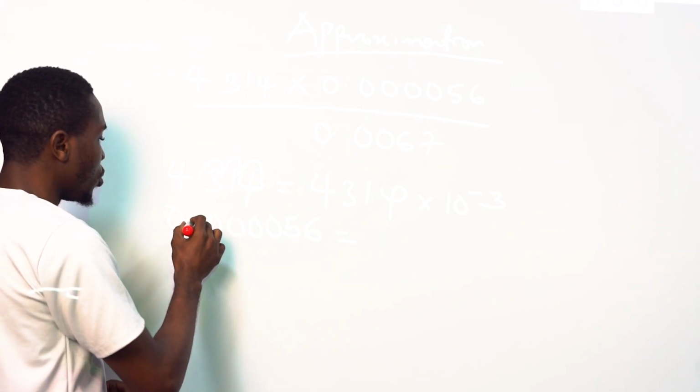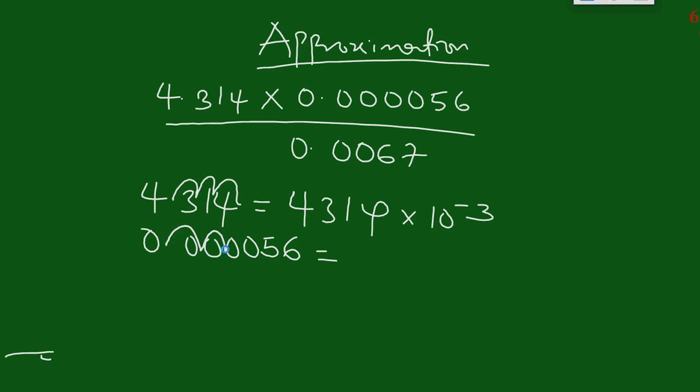So I can have this to be 1, 2, 3, 4, and 5. So my decimal point lies here. So I have 5.6 times 10 raised to the power of minus 5. Remember, I moved 5 points: 1, 2, 3, 4, and 5.